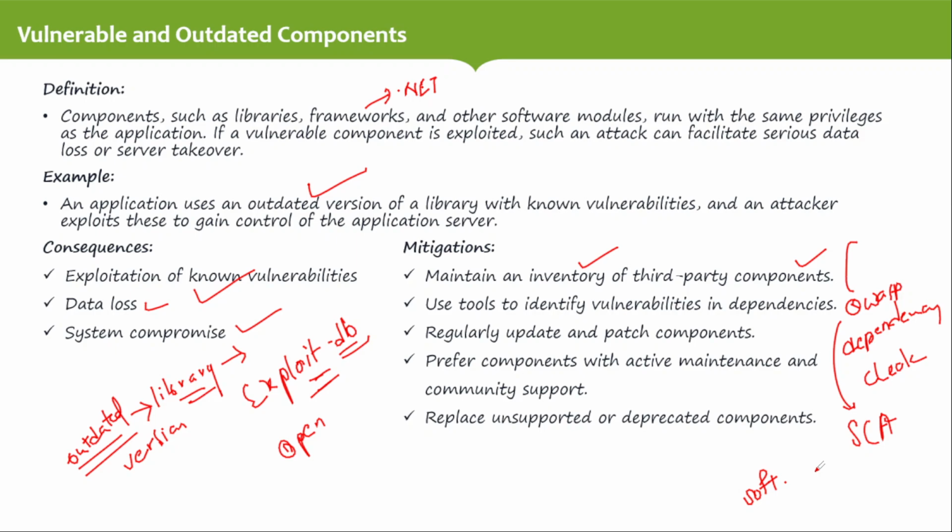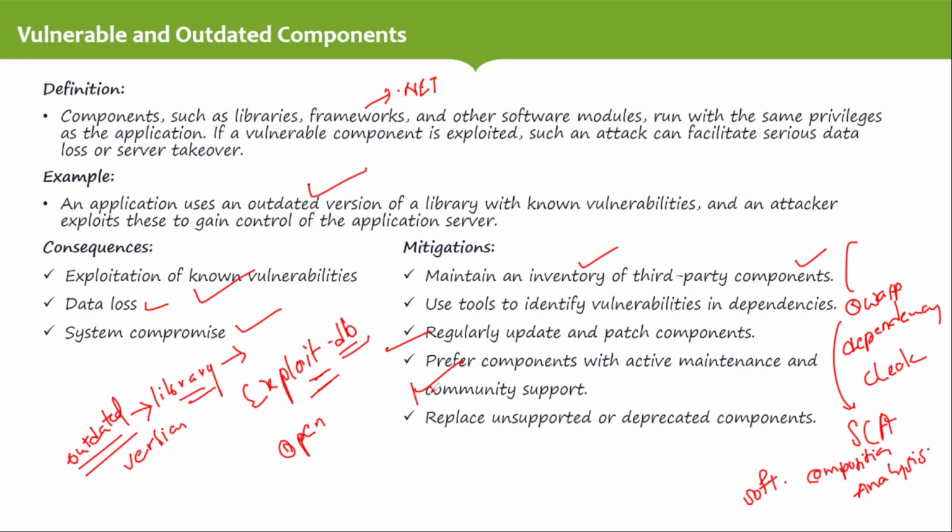If you use these tools in your software development life cycle, we can avoid these kinds of issues. Then do regular patch updates and component updates. Prefer components with active maintenance and community support.